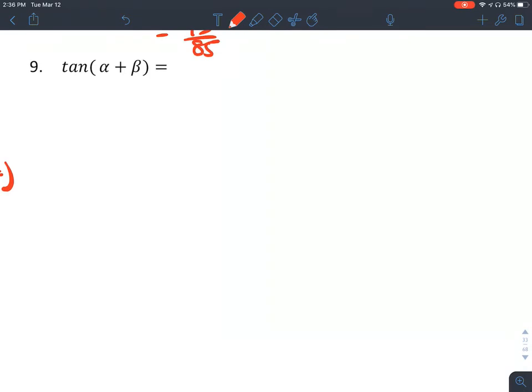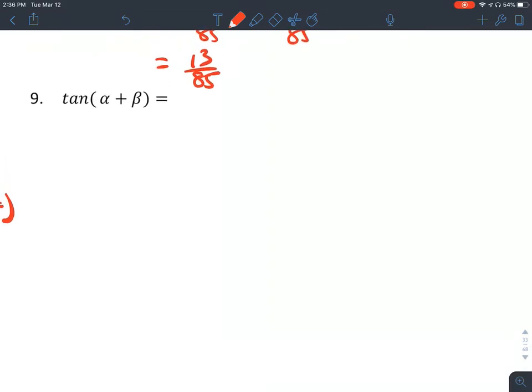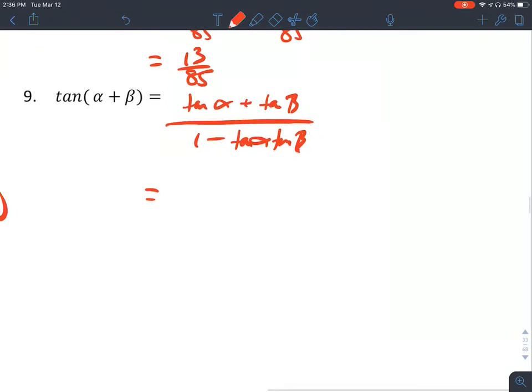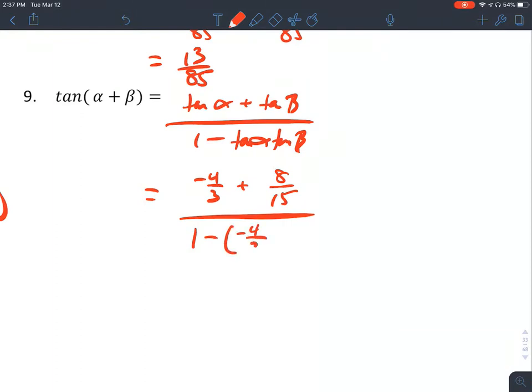Number 9, tangent of alpha plus beta. This is the sum identity for tangent, which is tangent of alpha plus tangent of beta divided by 1 minus tangent of alpha times tangent of beta. According to our information above, tangent of alpha is -4/3 and tangent of beta is 8/15. Then we have 1 minus the product of those fractions.